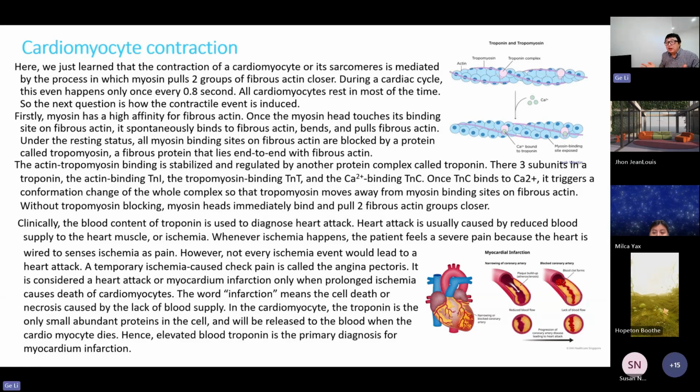You cannot go by how painful it is. Sometimes some people feel more pain. The key difference between a regular chest pain caused by reduced blood supply and a real heart attack is the cell death. That's the fundamental difference.